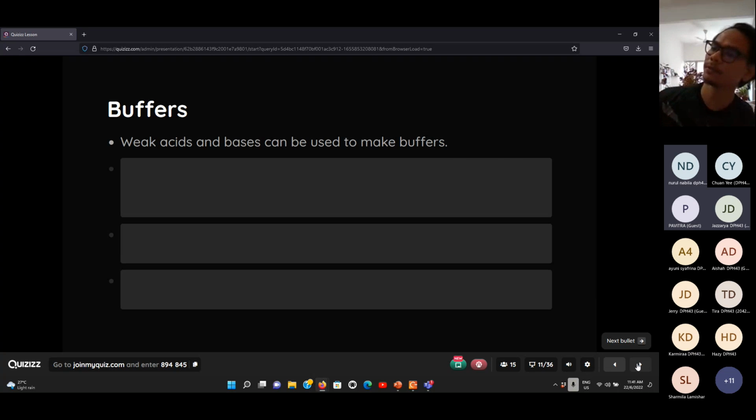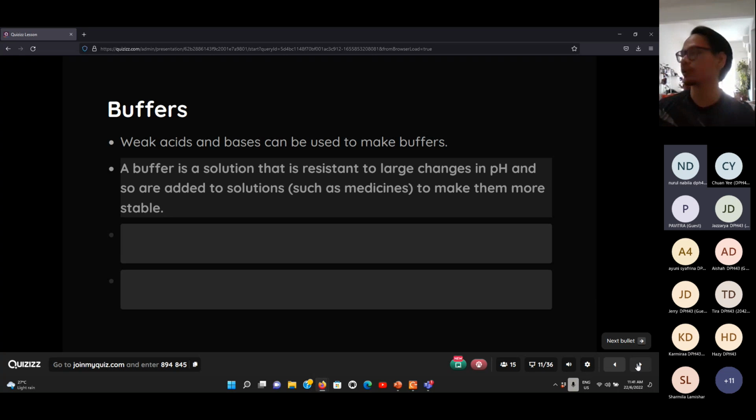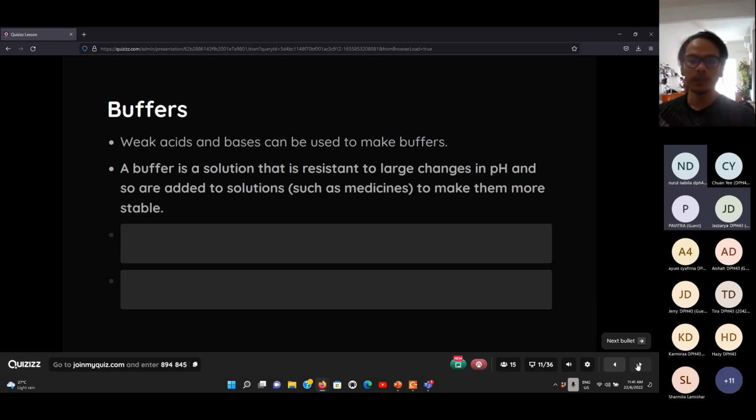So what is buffer? So buffer adalah a solution yang susah untuk kita ubah dia punya pH. So weak acid and bases can be used to make buffer solution. A buffer solution, the definition is a solution that is resistant to large changes in pH and so are added to solutions such as medicines, ubat-ubat yang kita hasilkan to make them more stable.